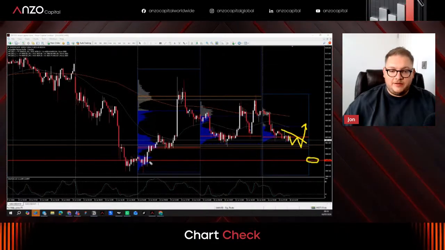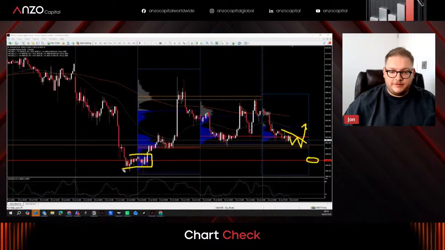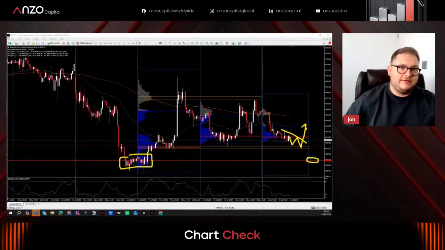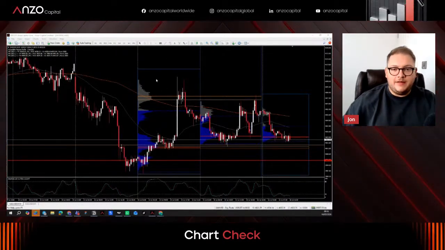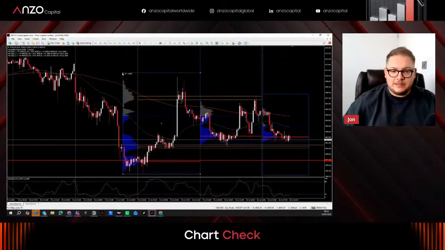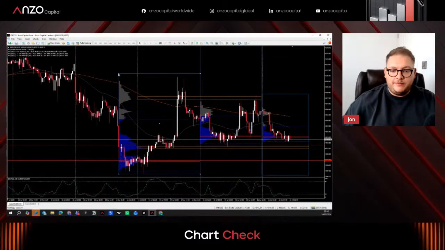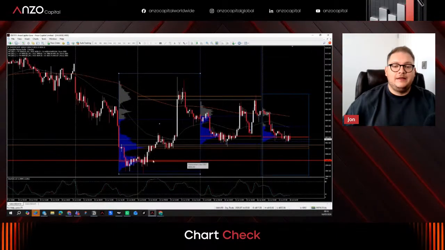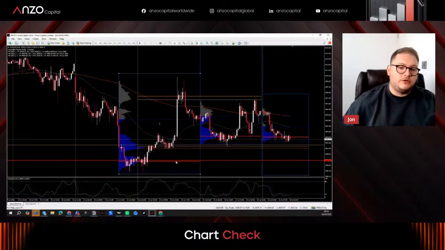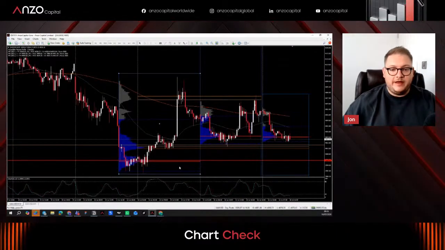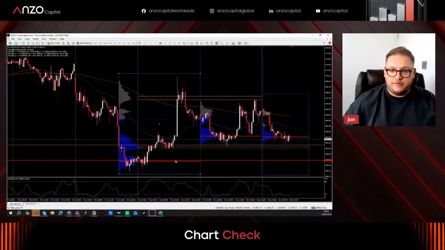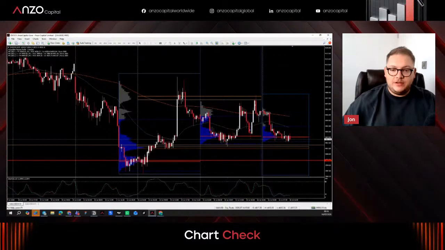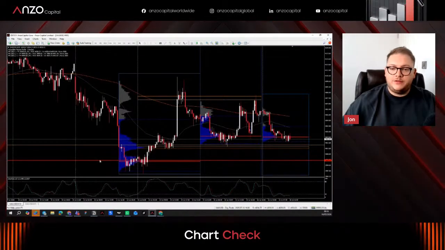As you can see, on the 14th of July we had this accumulation over the 13th and 14th, around that $4,000 level. If I expand the market profile to include that, you can see the point of control shifts down to that $4,000 level. So that's another strong level of support.